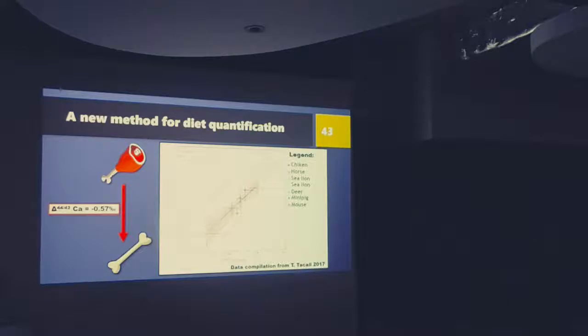Because this difference is constant among all modern animals that we have analyzed so far, it is likely that it was the same for archosaurs, including crocodiles and dinosaurs. So we can use this offset to identify the isotopic composition of the food of predators from their own calcium isotopic composition.